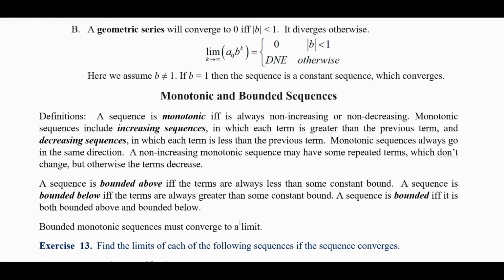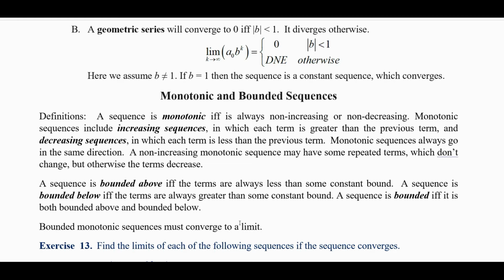Monotonic sequences always go basically in the same direction. So, for example, a non-increasing monotonic sequence may have some repeated terms, of course, which don't change, but otherwise the terms have to go down. So they're either going down or staying the same for a monotonic non-increasing. Monotonic non-decreasing would be going up or staying the same.